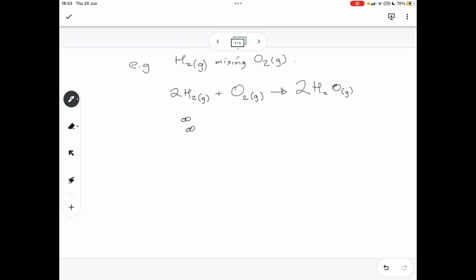So in other words, you've got H2, and you've got O2, and this gives us 2 H2O. That's more or less how it would look if you were to zoom in on the particles. All right.